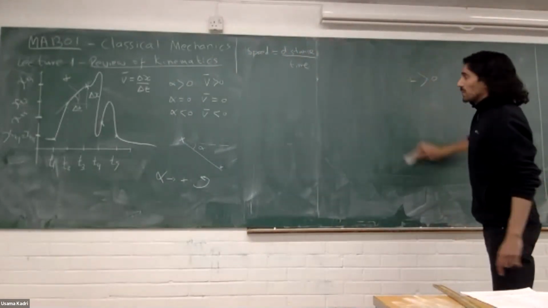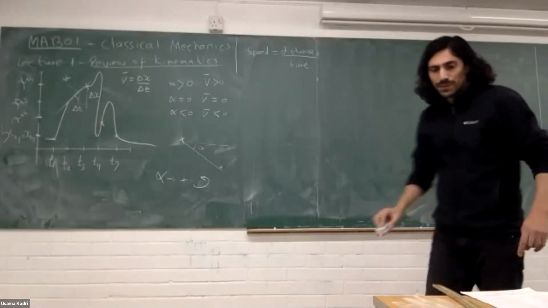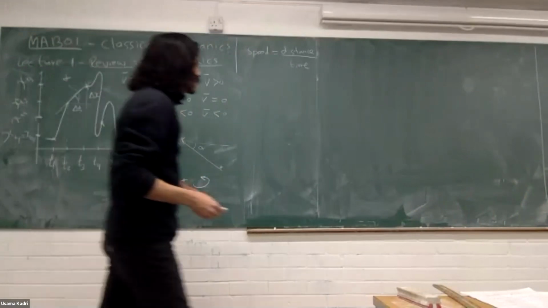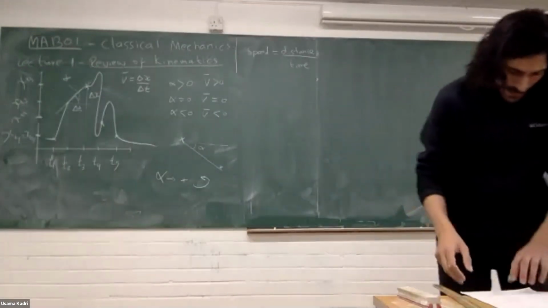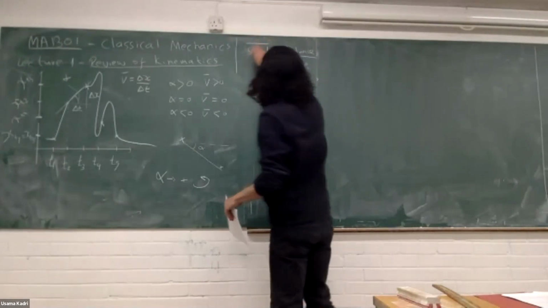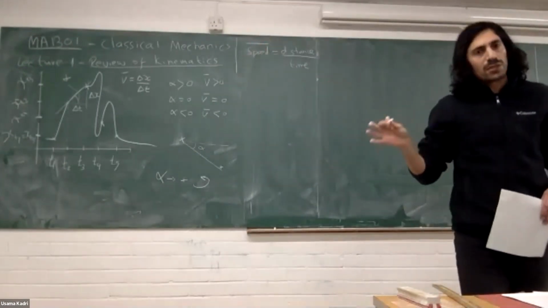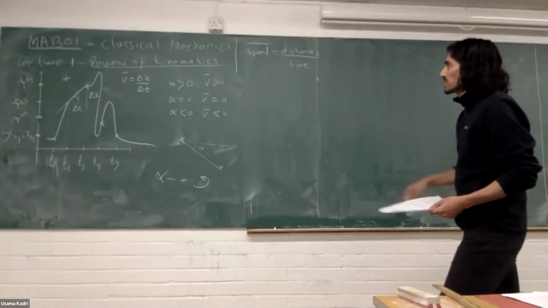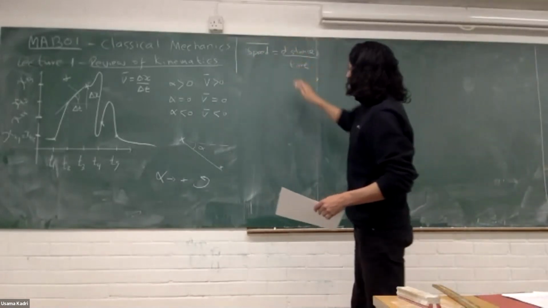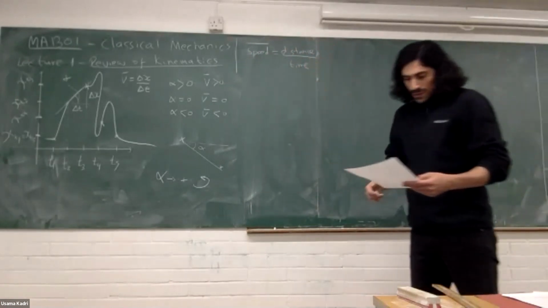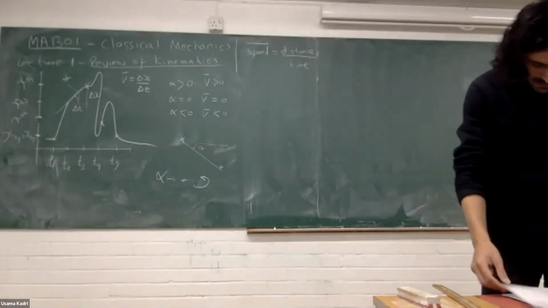Distance is always positive, and time is always positive. So the average speed is always positive. Let me put a line here so you know it's the average speed, because we're going to talk very soon about instantaneous speed and instantaneous velocities. So the average speed is the distance traveled over the time elapsed.